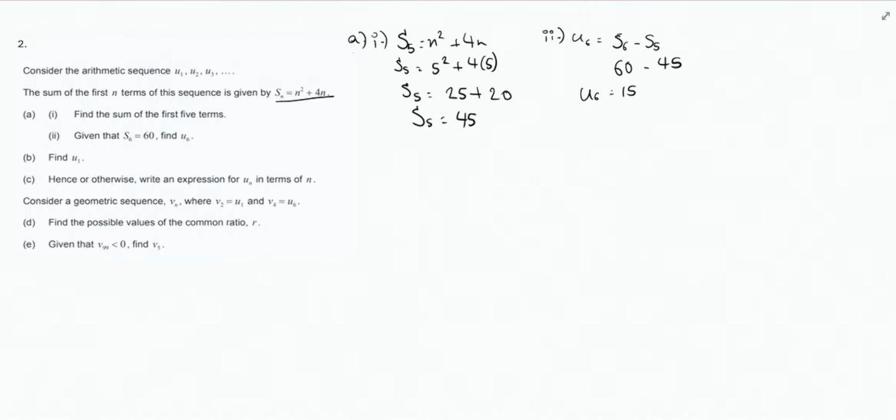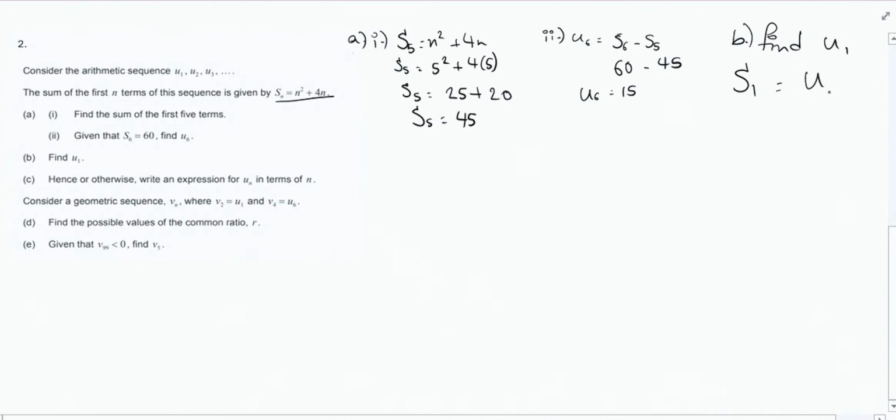Part B says find u1. So u1 is basically S1. So u1 can be written as 1 squared plus 4 into 1, and the answer will be 5.